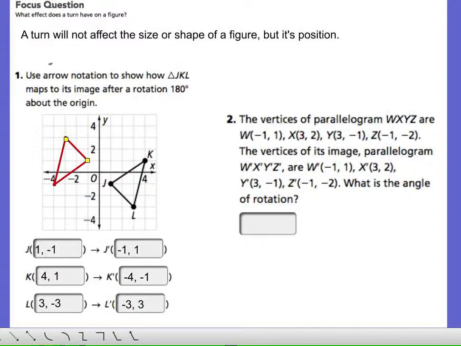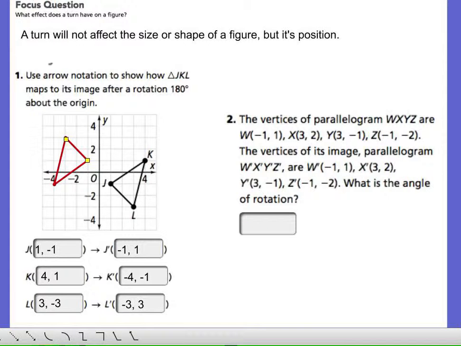Okay, the vertices of parallelogram WXYZ are W is at (-1, 1), X is at (3, 2), Y is at (3, -1), and Z is at (-1, -2). The vertices of its image parallelogram W prime, X prime, Y prime, Z prime are W prime is at (-1, 1), X prime is at (3, 2), Y prime is at (3, -1), and Z prime is at (-1, -2).